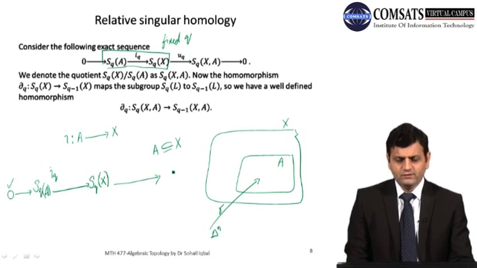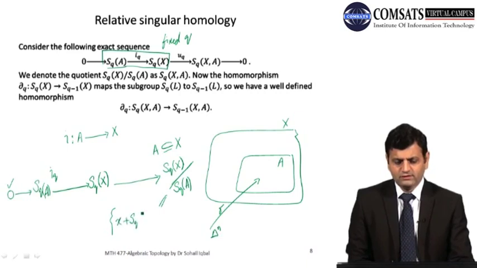Now if you take it to be q chains of X quotient with q chains of A, then this is an onto map, because this is a quotient module. What are the elements of this quotient module? The elements are of the form x plus the q chains of A, such that x belongs to S_q(X).